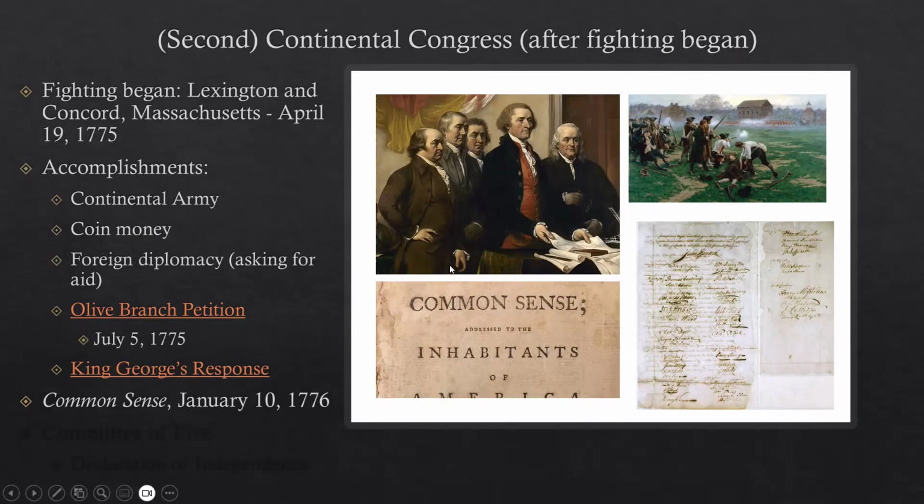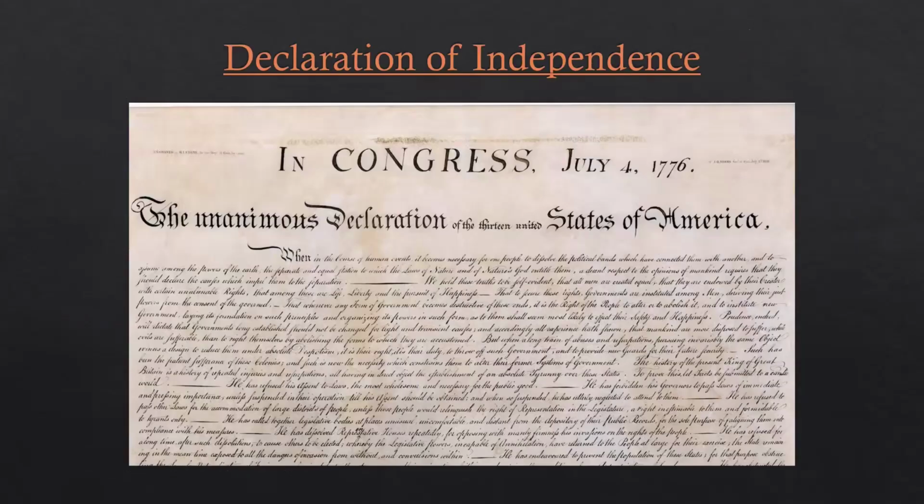And so that brings us to the very next accomplishment of the Continental Congress, which was the appointment of a committee to write an official Declaration of Independence. Thomas Jefferson gets all the credit for having written this, but he was working with the committee, just so you know.